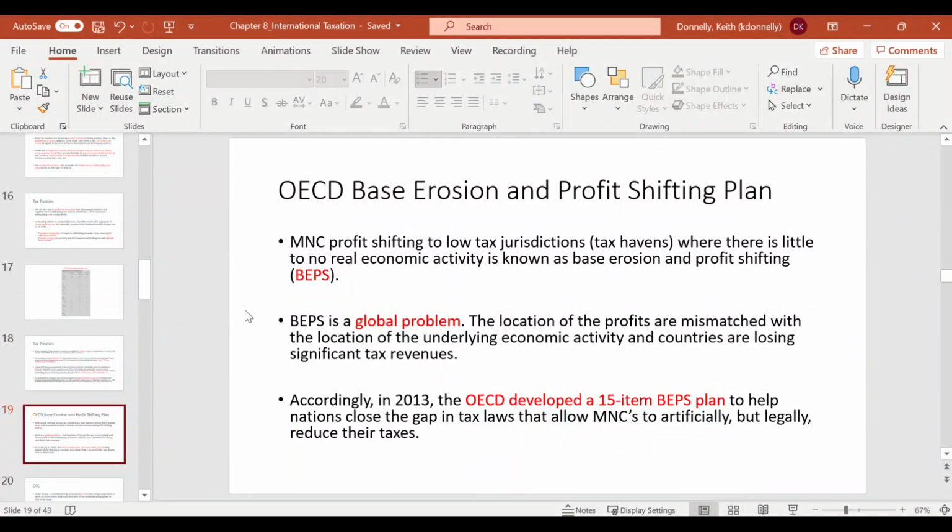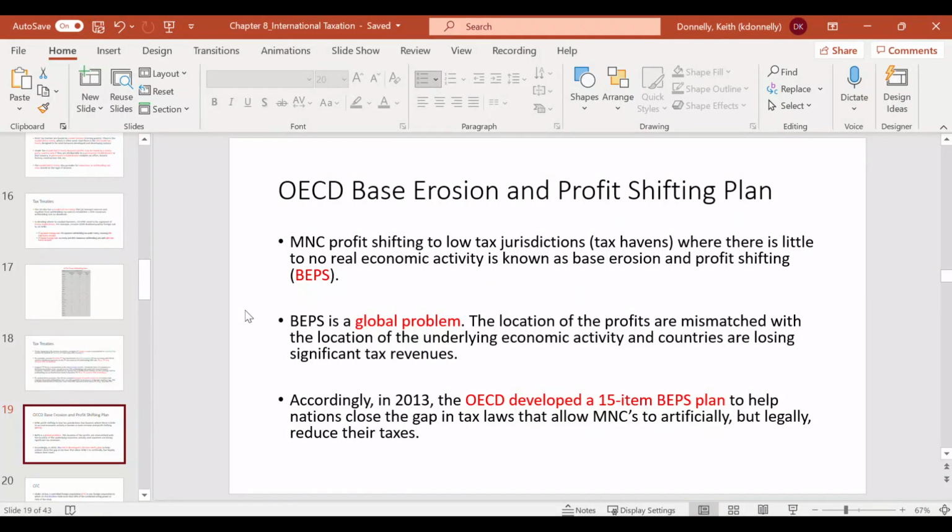So what countries are complaining about is that all of the income from their country base is being shifted out to other countries through use of these tax treaties or tax laws. This is eroding tax that would have been collected in our country and shifting the profit over to lower tax countries.